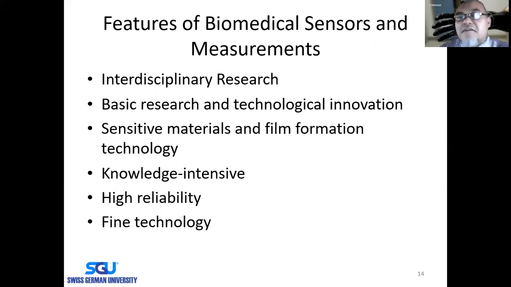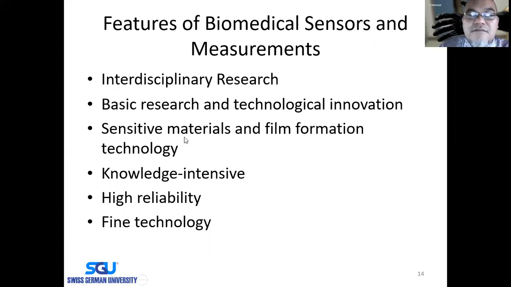Then they became smaller. As I mentioned in the previous hour, genomic sequencing previously needed one big table to put the equipment, but nowadays it could be made into one small pen like this, because it already involves nanotechnology to develop the measurement system.